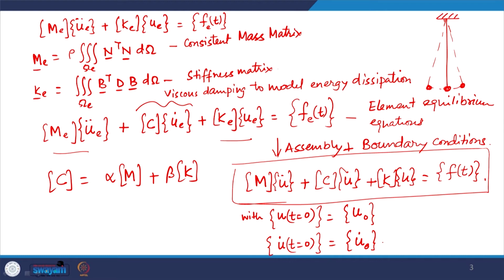Because it is a second order differential equation, we need two initial conditions to determine the constants of integration, and those are given by the specified initial displacements and initial velocity. And this system of equations can now be solved using suitable techniques for integrating this ordinary differential equation.